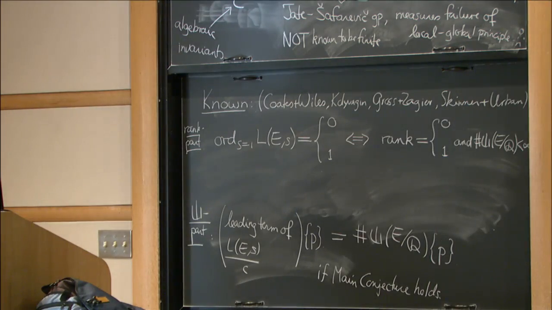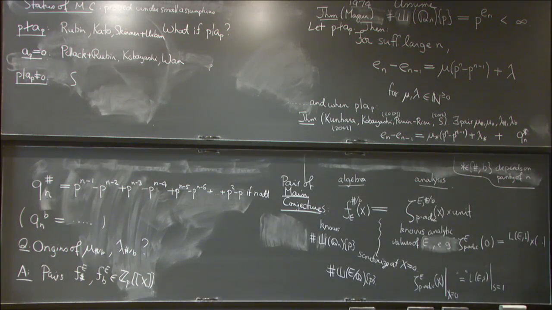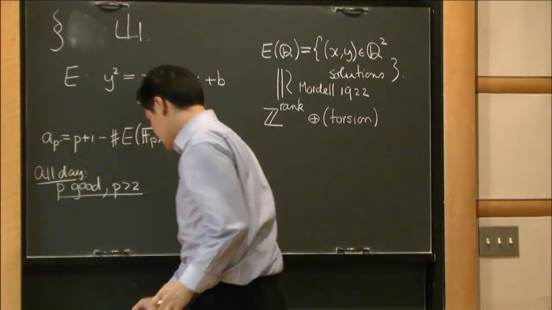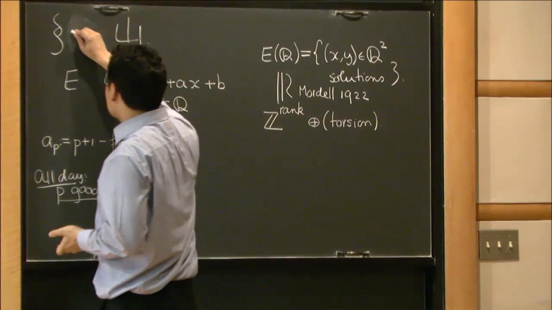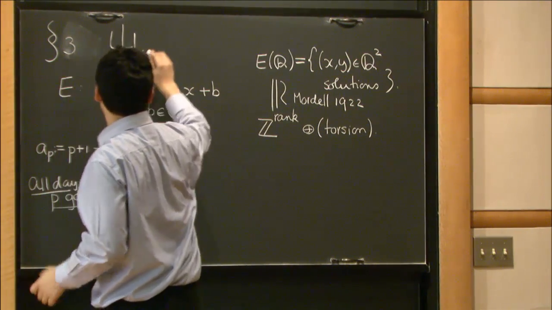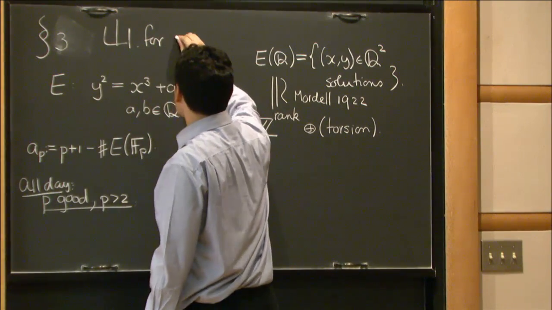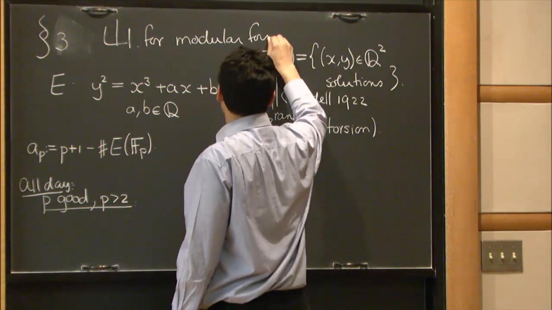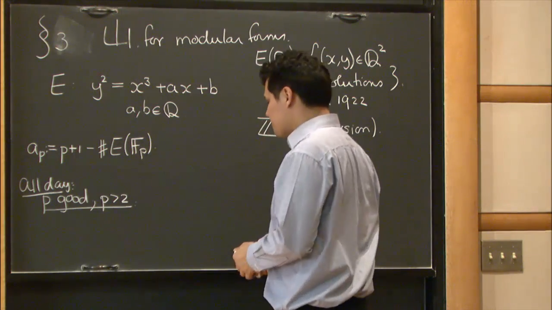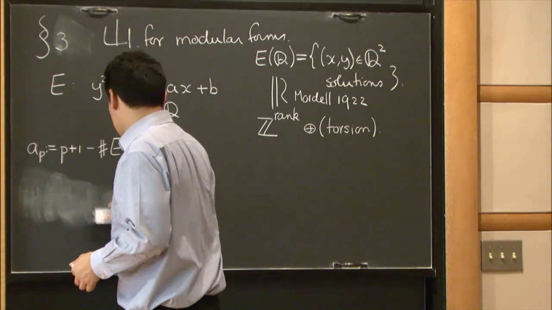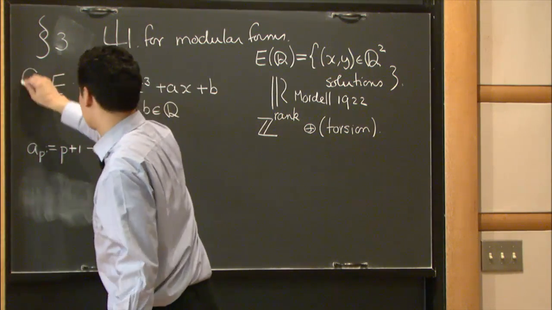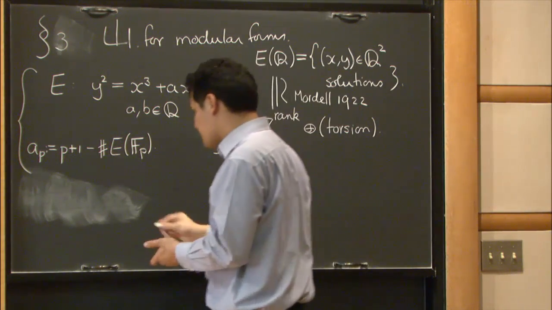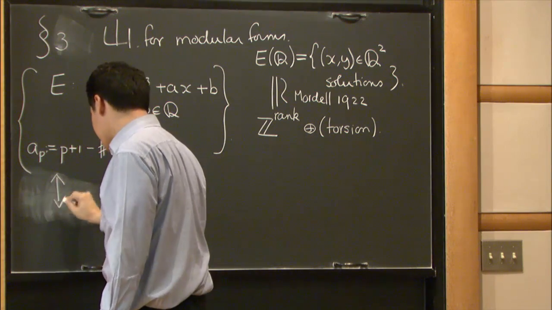Well, one of the secret mechanisms that made all this work was that elliptic curves over Q, if you look at these elliptic curves, they secretly come from very symmetric functions called modular forms.